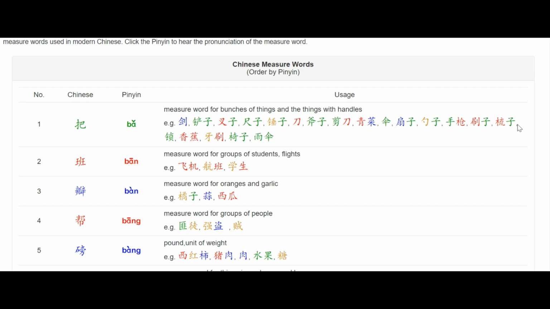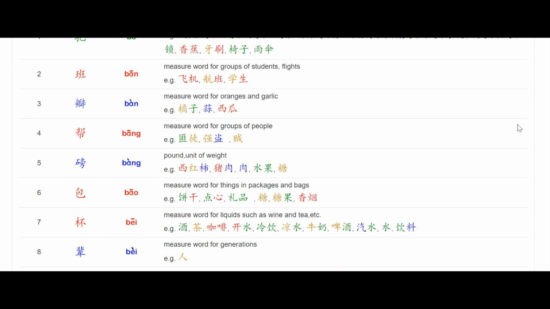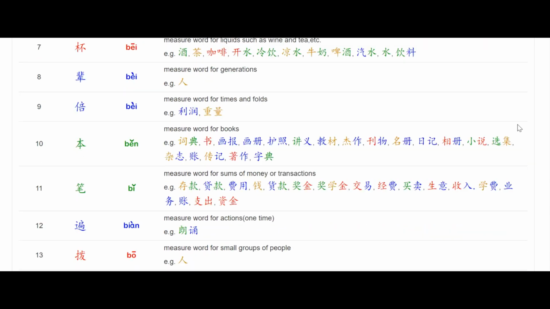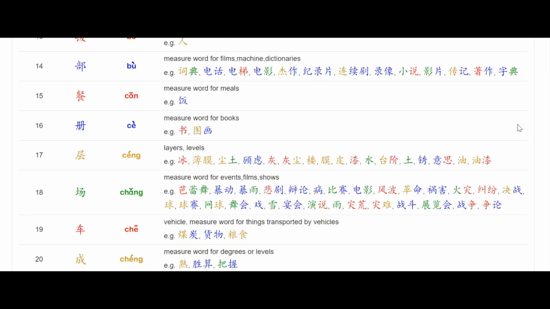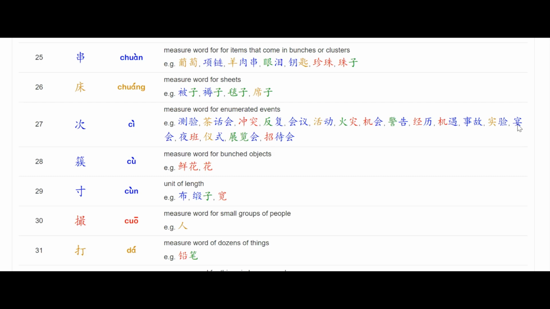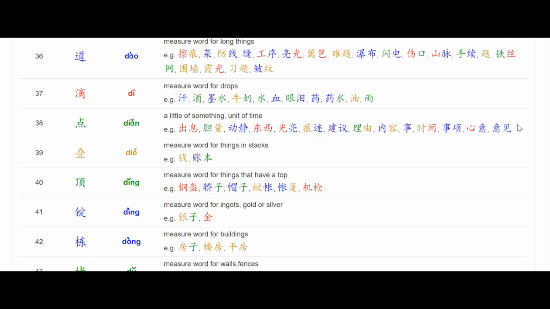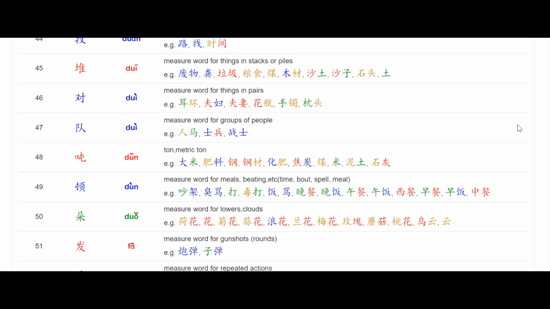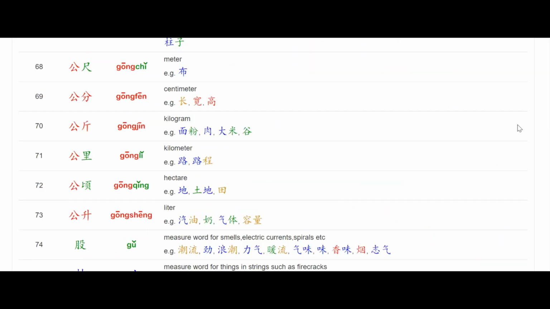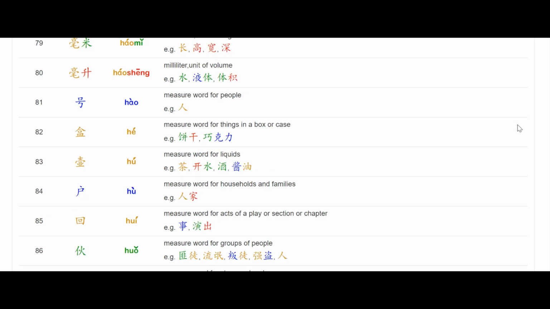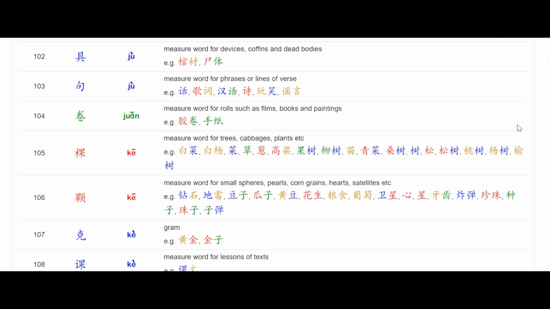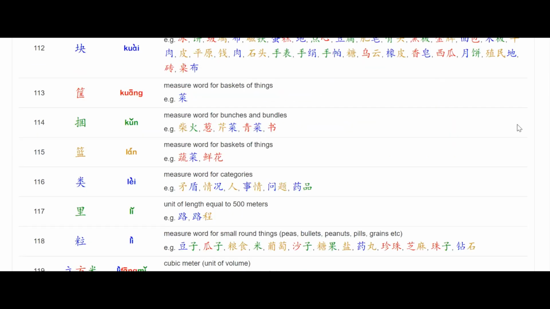Yeah, that's a lot. We have so many different measure words to describe the subject's shape, characteristics, container, size, and so on. Which means with the measure word, you will be able to know how the shape of that thing is, the size of that thing, the quality or the characteristic of that thing.